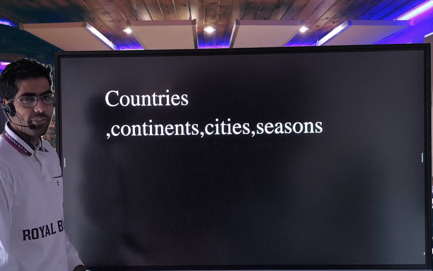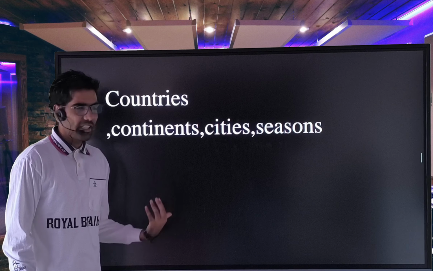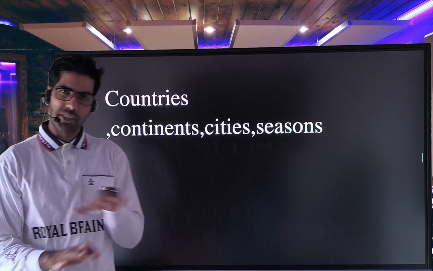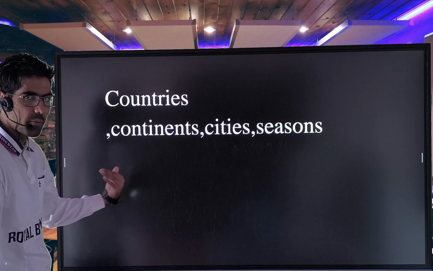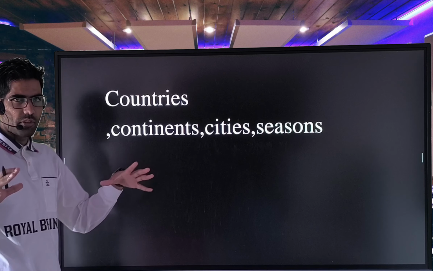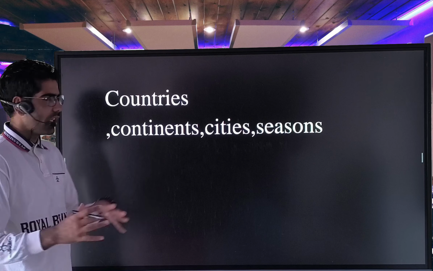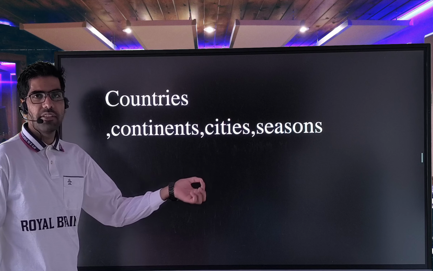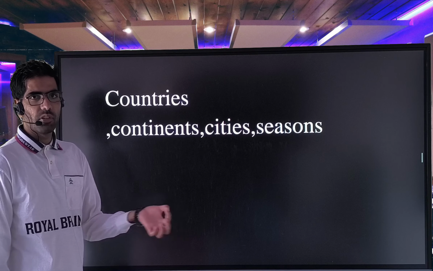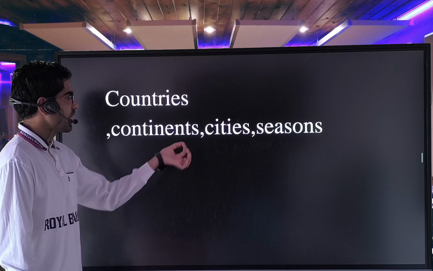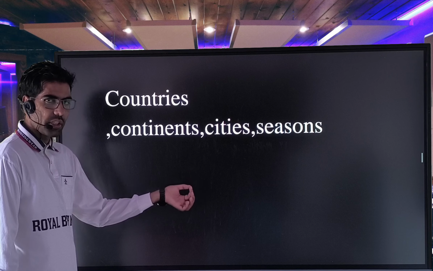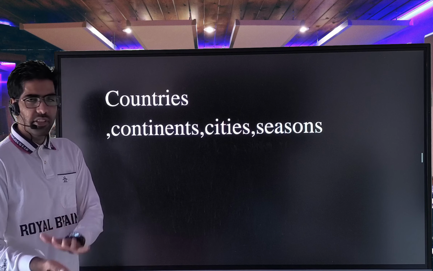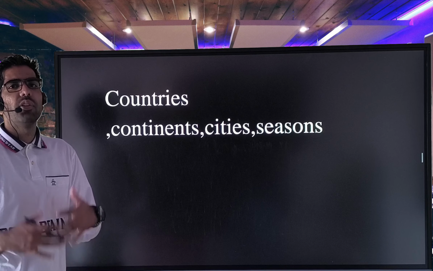Talking of countries, continents, cities, seasons, don't use any article with these either. Countries, as I told you just now, except compound countries whose names are compound words. Continents, don't use any article with these either. He lives in the South Asia, no, in South Asia. Cities, New York City, Srinagar City, simply don't use any article. Seasons, I love the winter, the summer, no, I love winter.